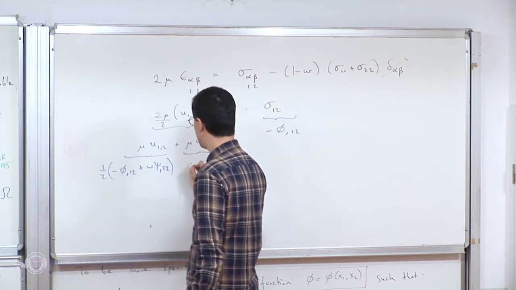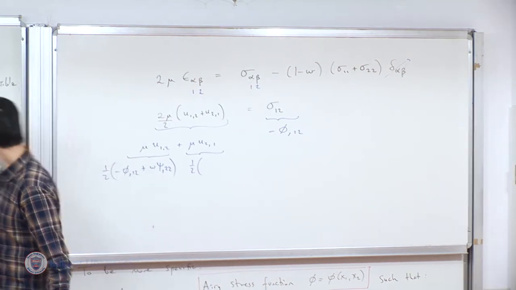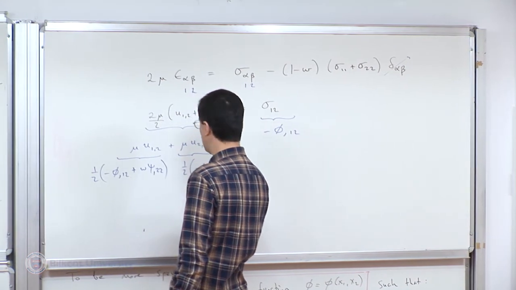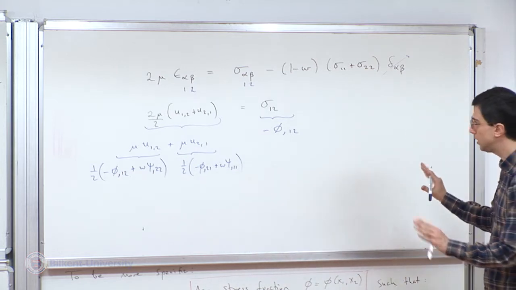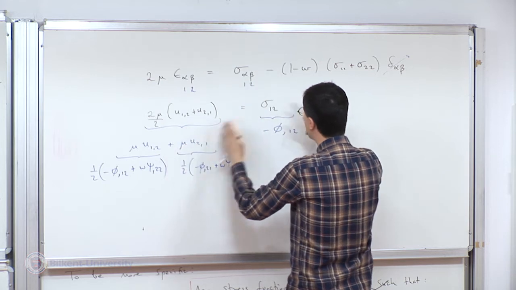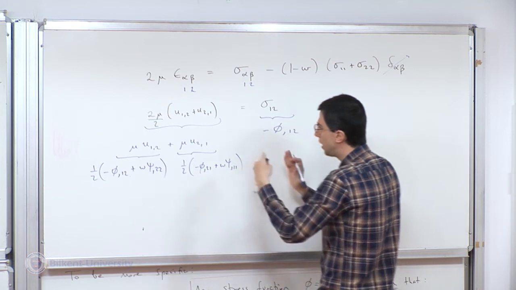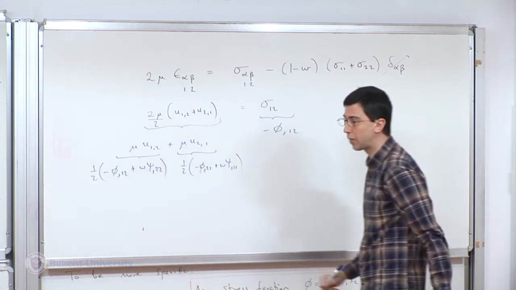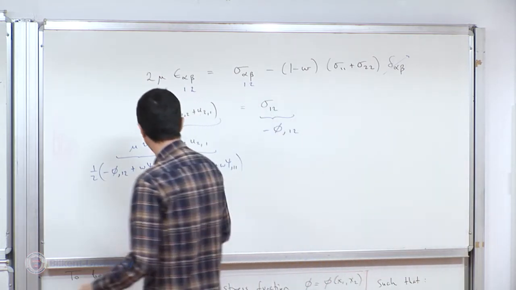And this one here is 1/2 derivative of this with respect to 1. So minus phi comma 2, 1 plus omega psi comma 1, 1. Okay. Right. So form of the strain, form of the stress. I plug in the requirement. That's my proposal for the form of the stress. And now this is my proposal for the form of the displacement and hence the strain. The two sides need to be consistent with each other. There should be no conflict.